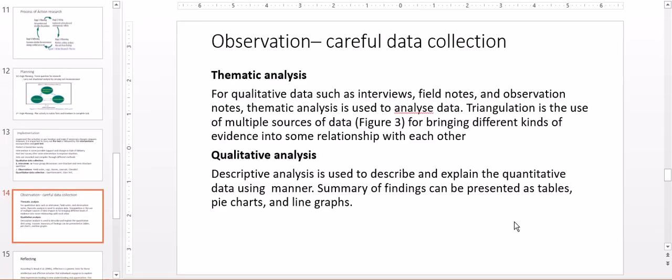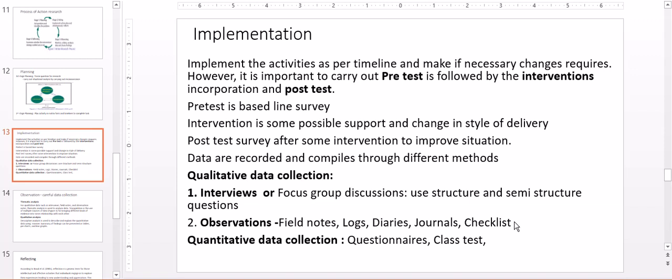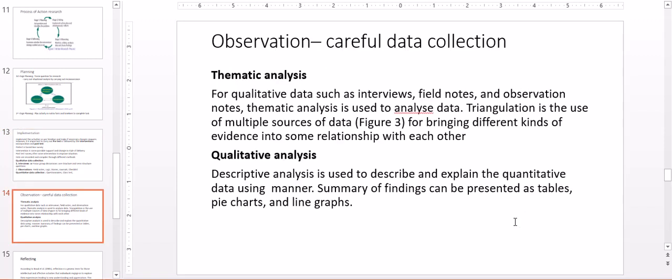Next, we also do qualitative data analysis using thematic analysis. In thematic analysis, we look at the field notes and observations.